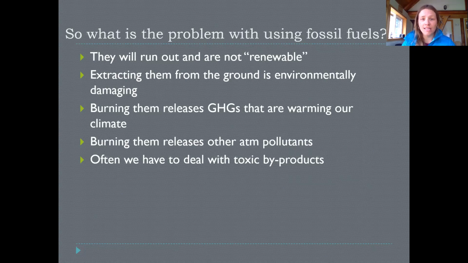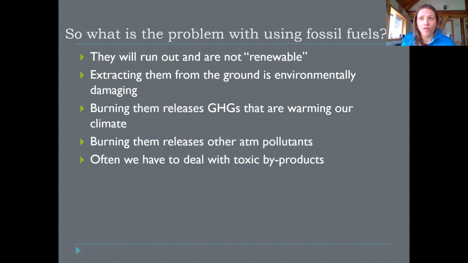Then we're increasingly becoming aware of the negative impacts of the release of the greenhouse gases that come about when we burn these fossil fuels. In the last slide, I showed you that when we take these carbon hydrogen compounds and introduce oxygen and some heat, we are able to combust them and transform them into carbon dioxide, and that is a greenhouse gas.